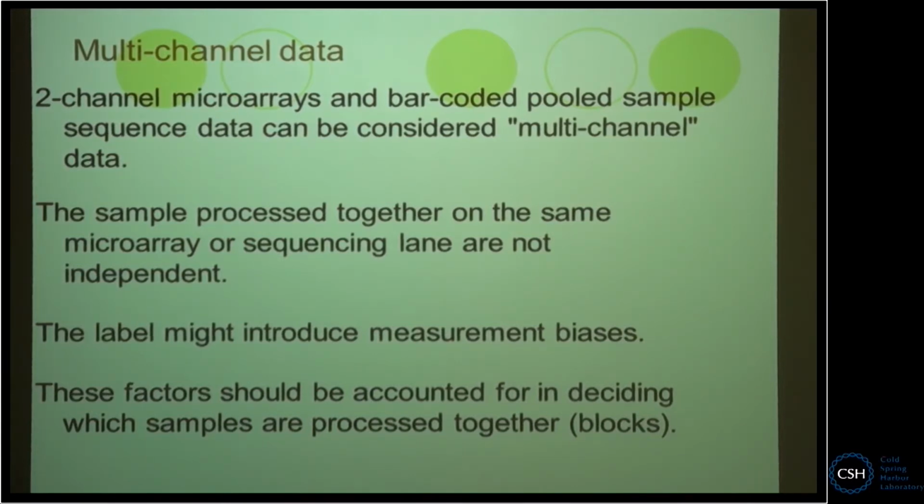And number two is what on a microarray used to be called dye bias, which now I would just call label bias, which basically suggests that you need to keep track of the labels and keep track of what's been done together. Okay?